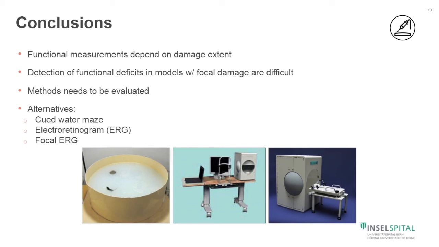But then you also have the electroretinogram, where you can measure specifically the changes in the A and the B wave and correlate that to the damage in the inner or the outer retina. And you can also use the focal ERG that gives you the possibility to measure the function directly at the focal damage point.